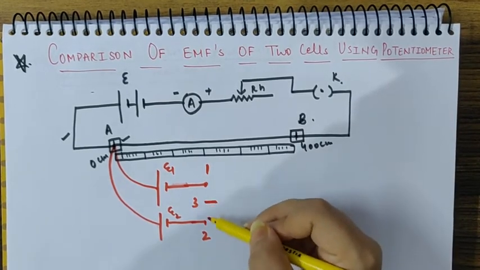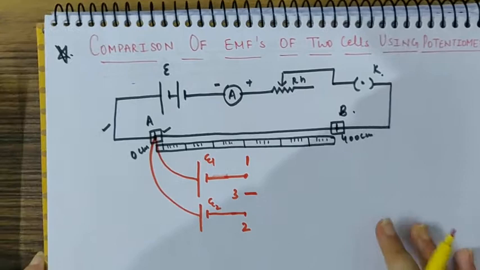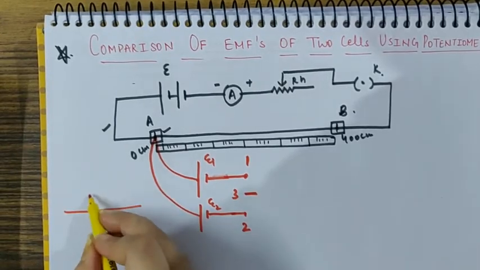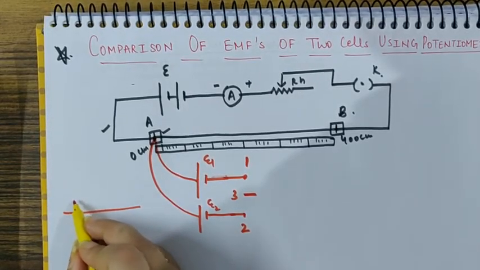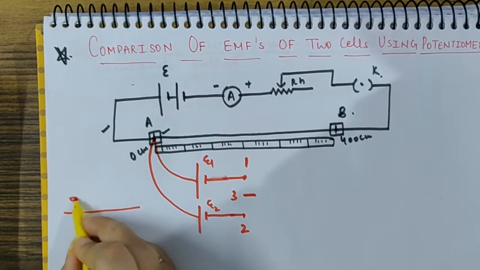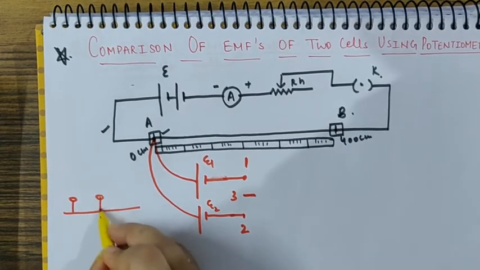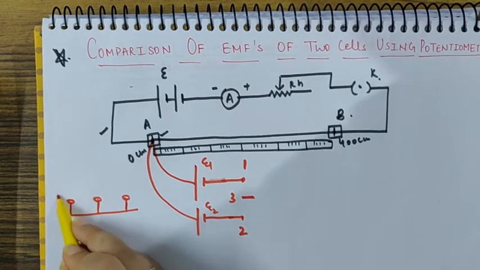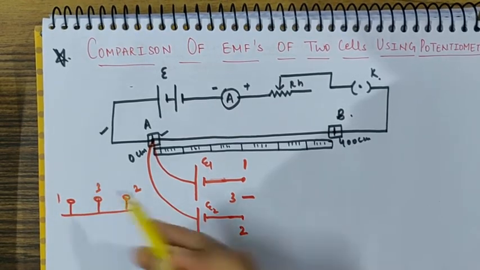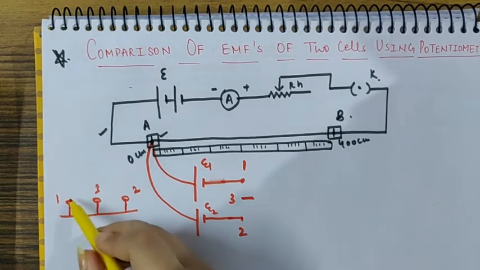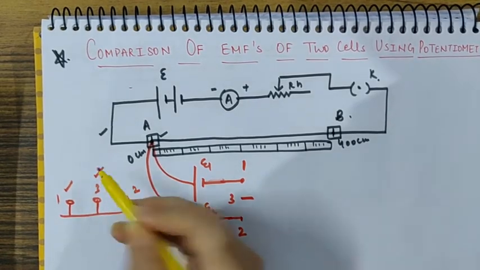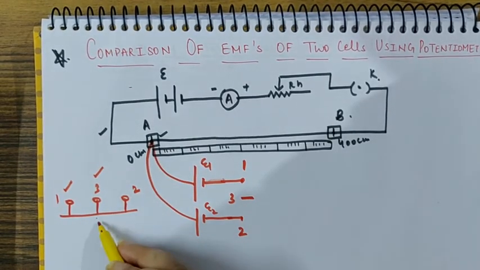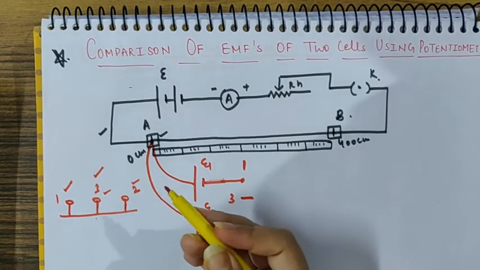Now basically these points 1, 2, 3 are a two-way key. Actually what type of two-way key do we have in the lab? You have a plug here, 1 screw here and 1 screw here, and this is point 1, this is point 2, this is point 3 which we are discussing here. So cell 1 is connected in between 1 and 3, cell 2 is connected in between 3 and 2.